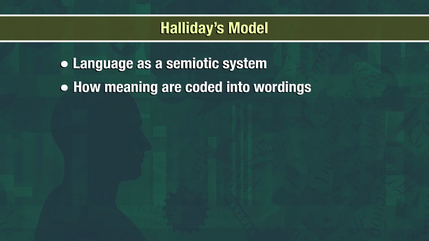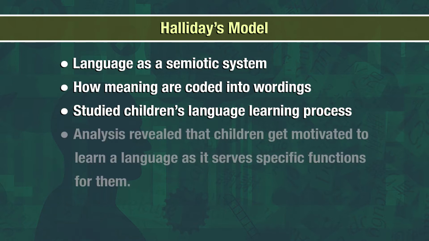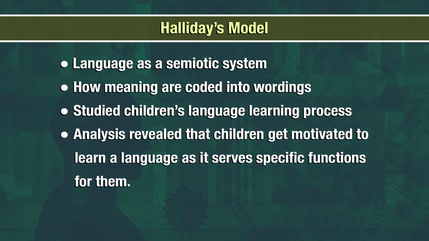He tries to analyze how meanings are coded into words. To do this, he studied the language that children use and how the learning process helps them in assimilating language. His analysis revealed that children get motivated to learn a language as it serves specific functions for them, and they use the language to serve their requirements.